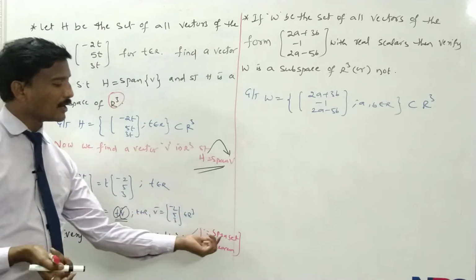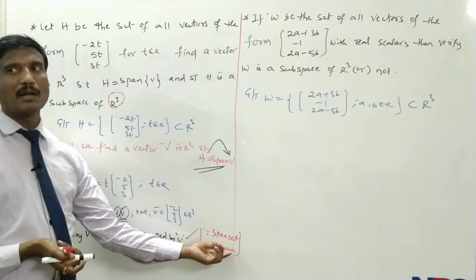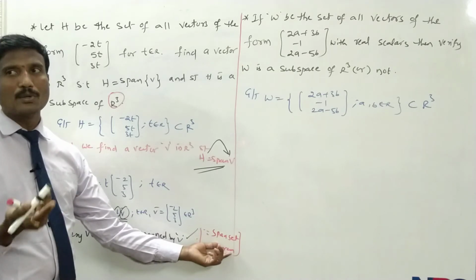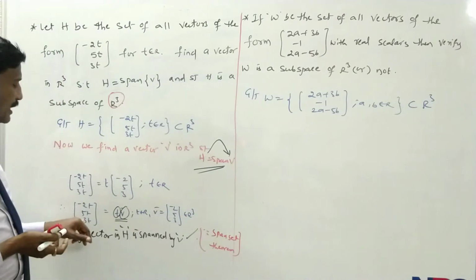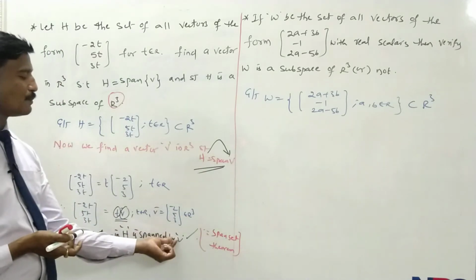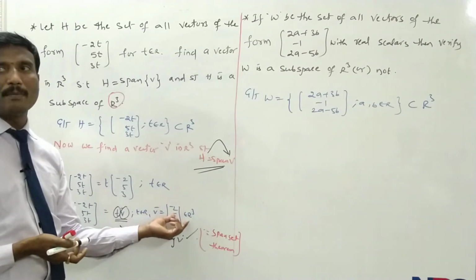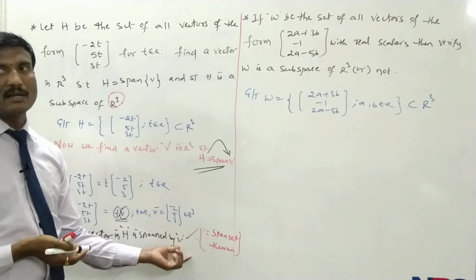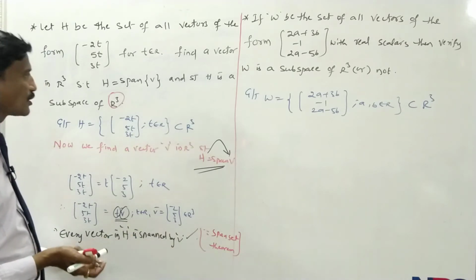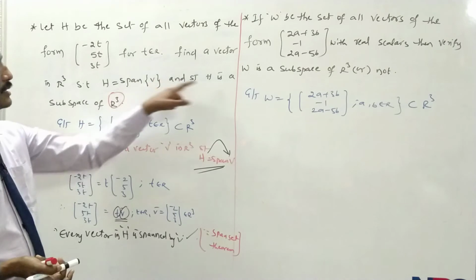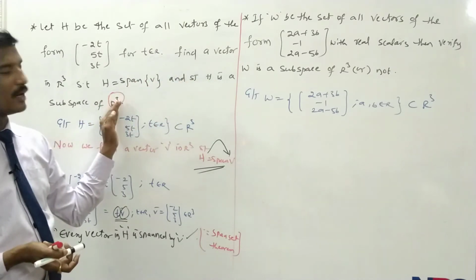So according to your previous class, by the span set theorem, the span of the vectors is also a subspace of the vector space. Here every vector in H is spanned by some vector, so the span set is also a subspace. Therefore you can conclude that H is a subspace of R3.